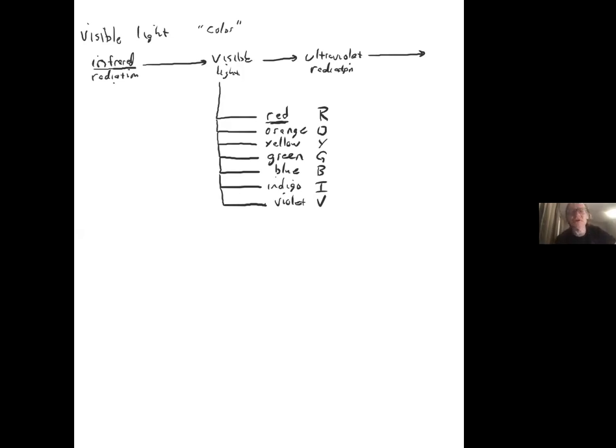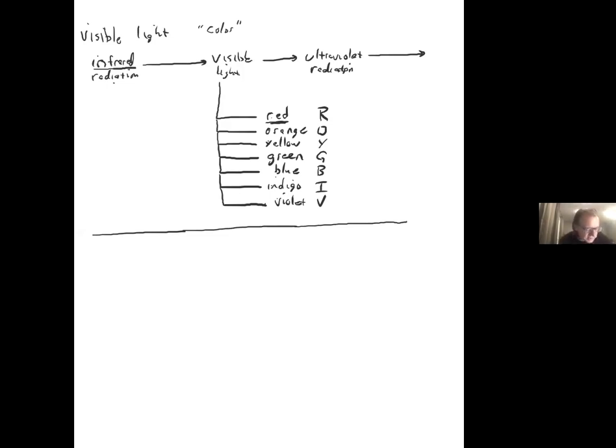We'll call it near IR or far IR or mid IR, but we don't have names like colors. We don't have labels in that way. But our eyes can see all these different colors, so we have labels for them, okay? So the order is infrared, then red, then orange, then yellow, then green, then blue, then indigo, then violet, and then ultraviolet.